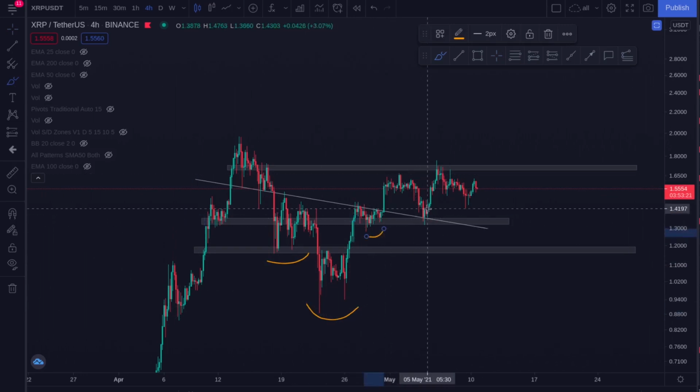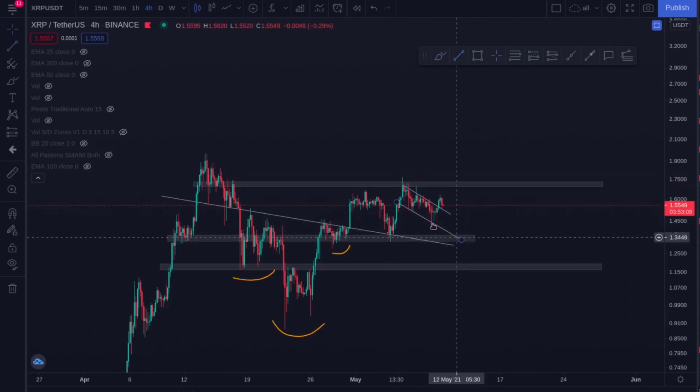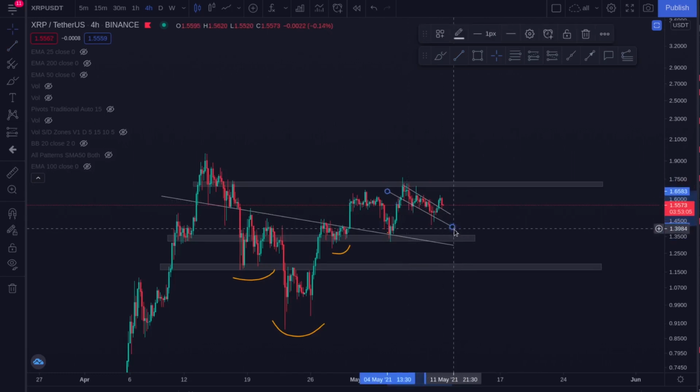We broke out, we retested it, and then we had this bull flag over here, which is a double breakout for XRP, and we are currently now retesting it. So let's see how this thing also plays out.